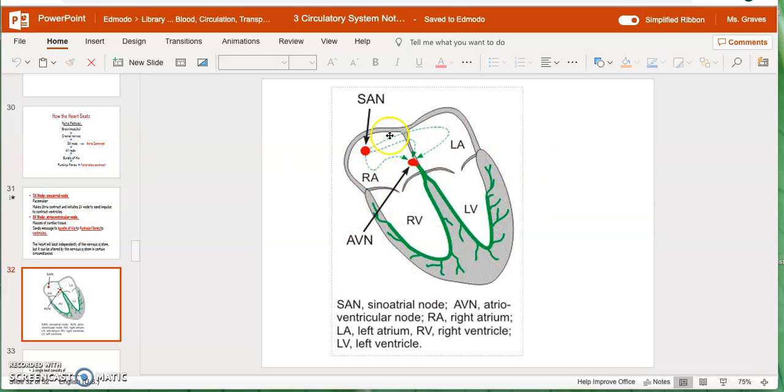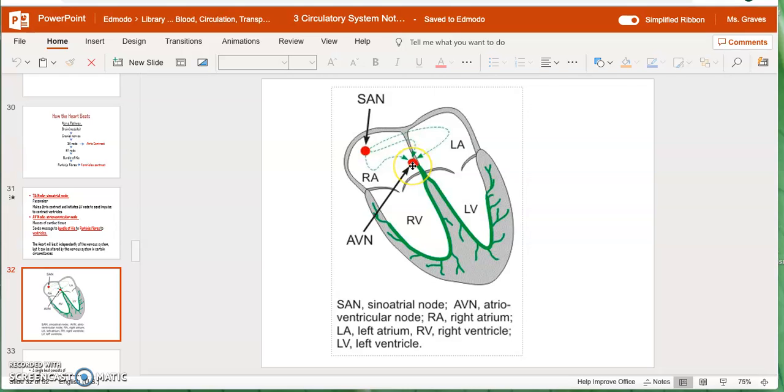In case that was confusing, because it was a little bit confusing with all those new words, we'll take a look at this diagram here. So remembering our pathway, you can always look back here, use these two in conjunction. We have our SA node here, which causes the atria to contract. It also sends a signal to the AV node down here.